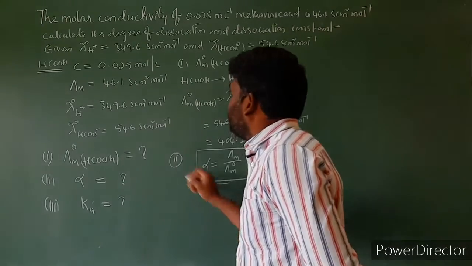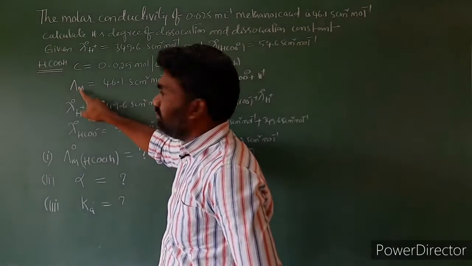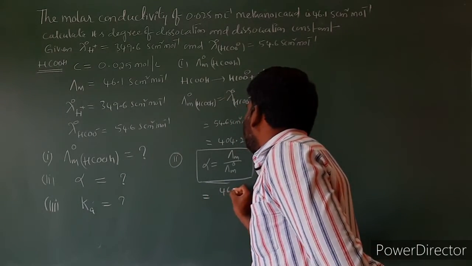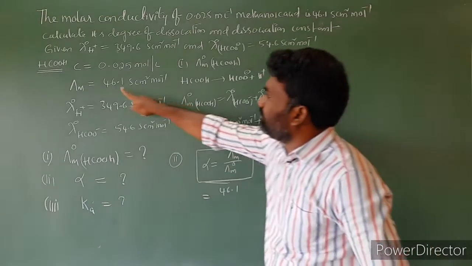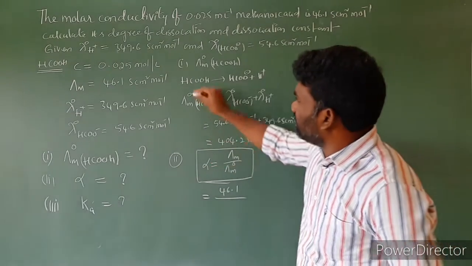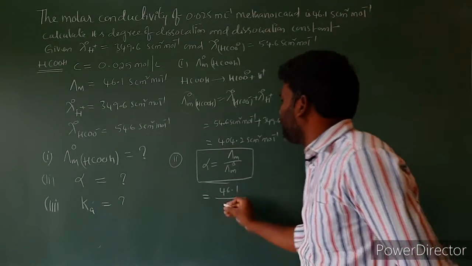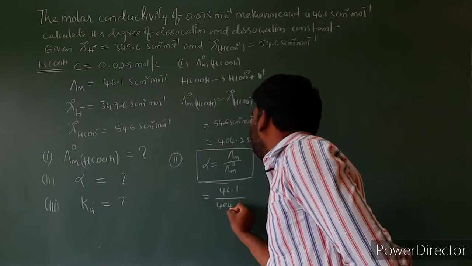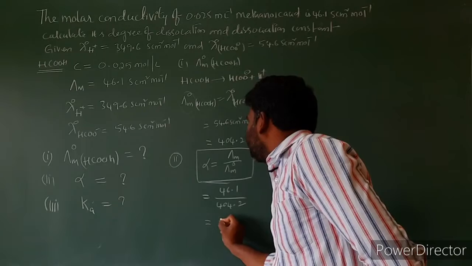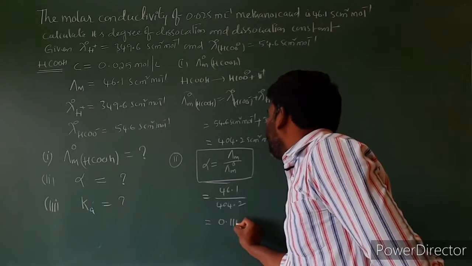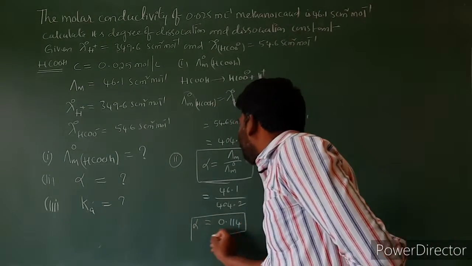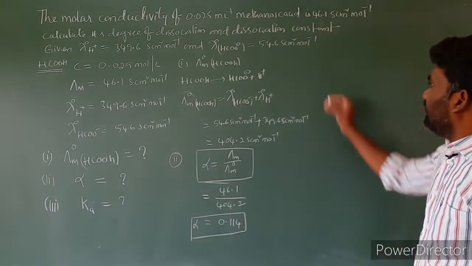Lambda m is given as 46.1, and the lambda m naught value we already calculated, 404.2. Upon simplification, we get 0.114. So the alpha value is 0.114 for this case.